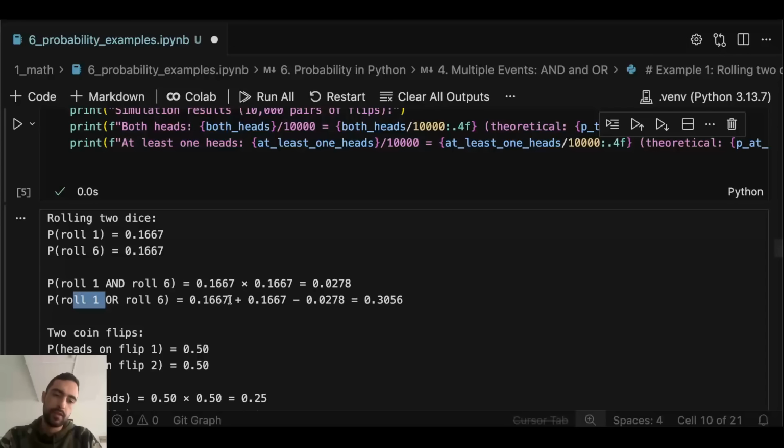So we will subtract the probability of getting 1 and 6 because that's not what we're looking for. And so the probability of getting 1 is this, and probability of getting 6 is the same. And then subtract if we get both 1 and 6, and this is the probability that we get 1 or 6 if we roll 2 dices.